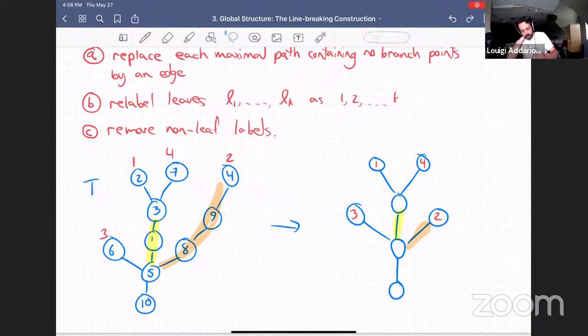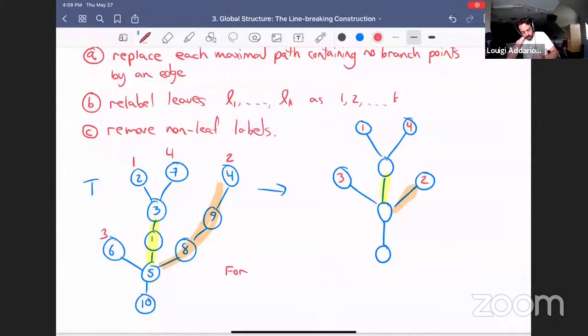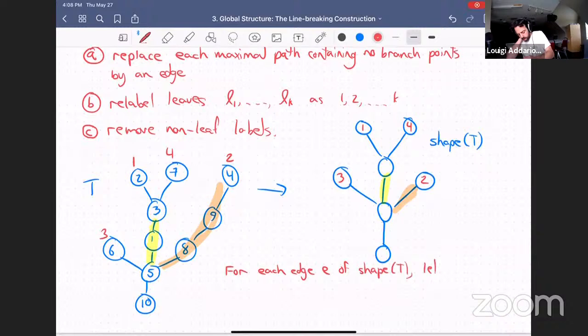So for each edge E of this tree, so the tree on the right is the shape of the original tree, for each edge E of shape T, I'll write the length of E, which, if I need to be careful, I'll write the tree there as well.